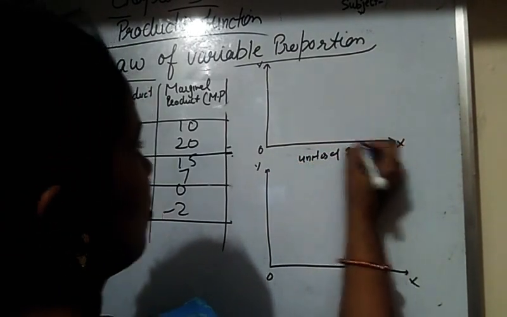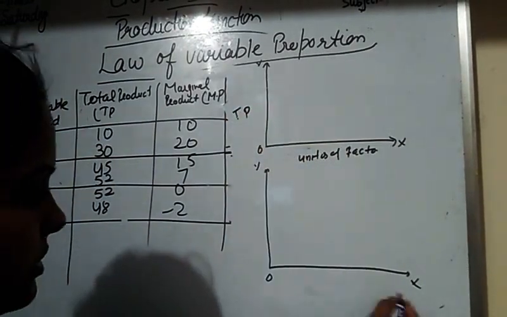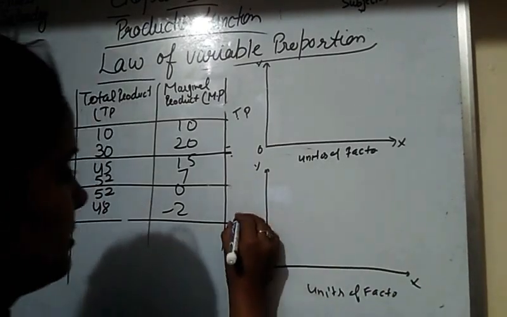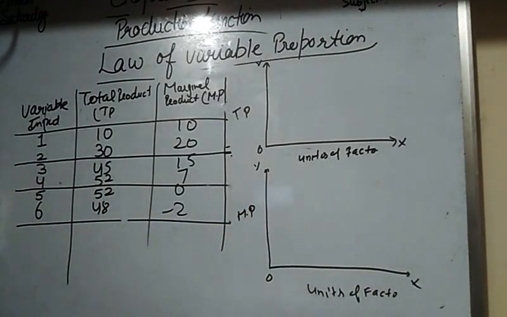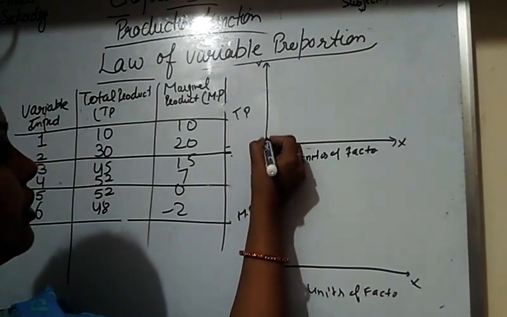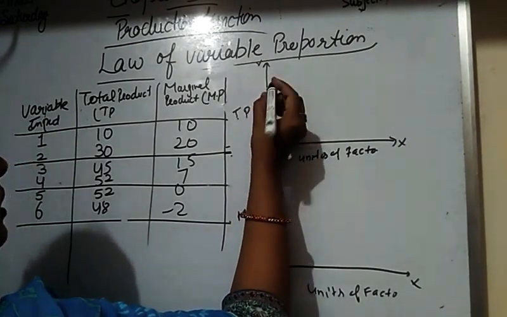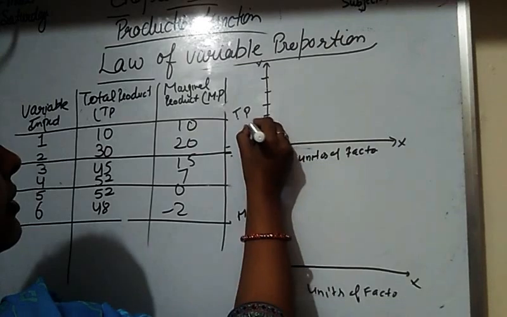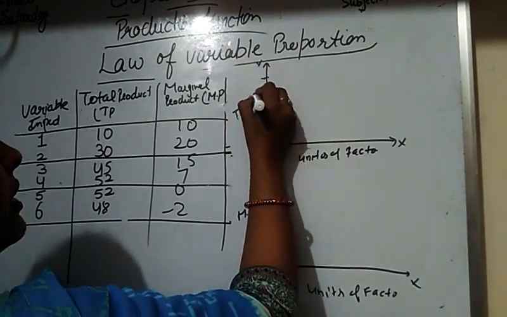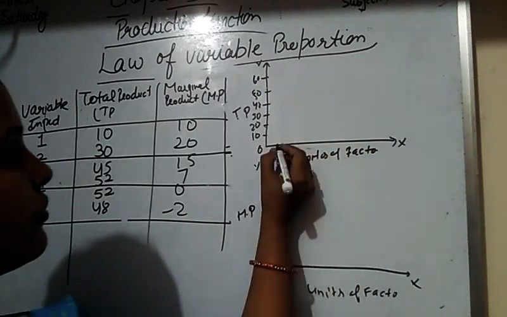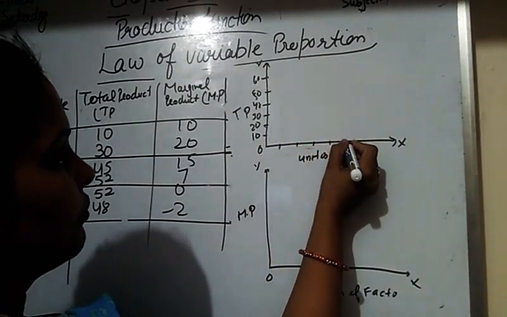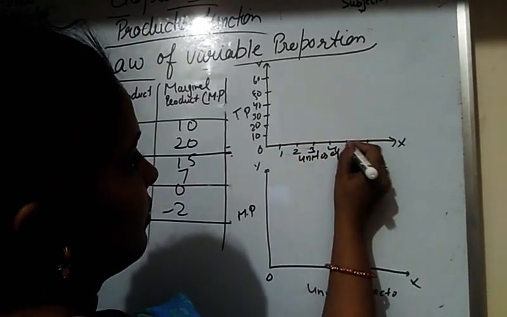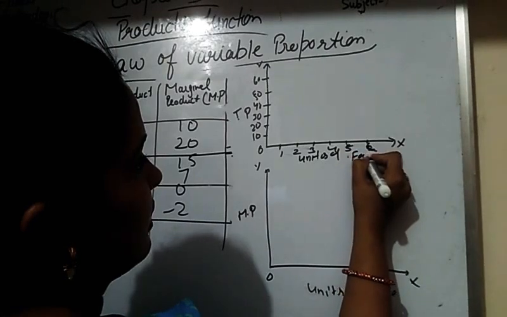Okay students, so 0, 10, 20, 30, 40, 50 and 60, and units of factor are 1, 2, 3, 4, 5, 6.